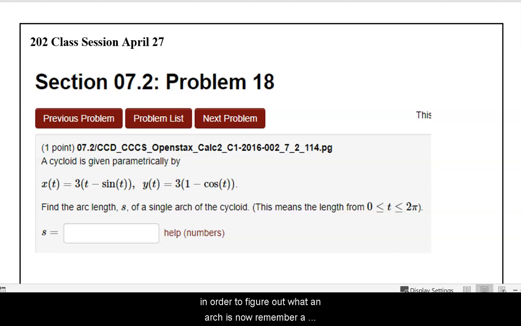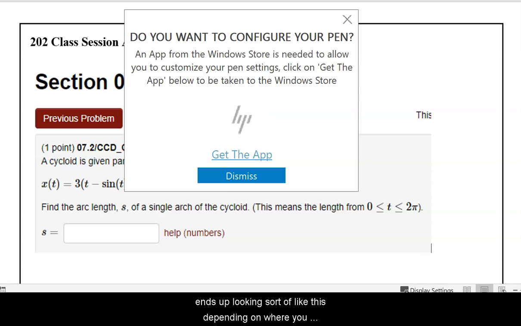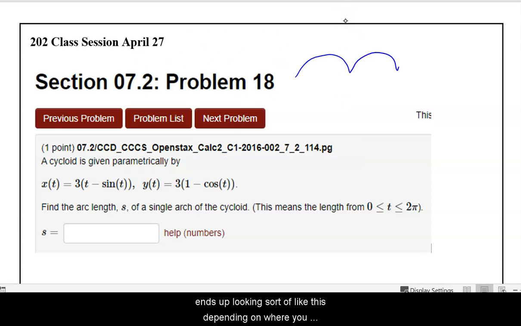Now remember, a cycloid is when you take a point on a wheel and you affix a marker to it, and then you rotate the wheel. So it makes an arch like this. As the wheel goes around, it starts creating a certain shape, depending on where you put the marker on the wheel.